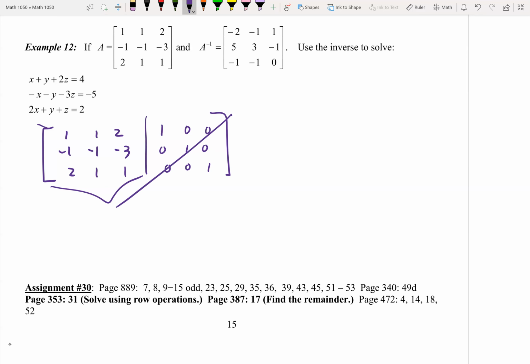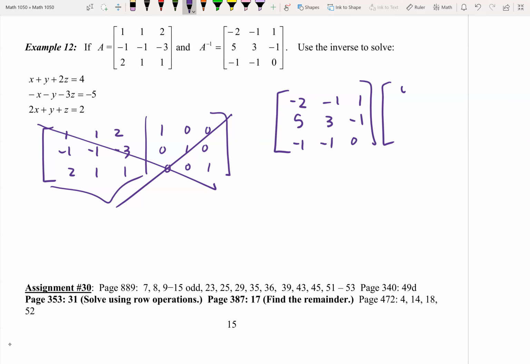So this is not necessary. All they want you to know is that you take this inverse, now write this with me, and you multiply it by matrix B, which is the right side of the equal sign, 4, negative 5, 2. This is a 3 by 3 multiplied by a 3 by 1, so your answer is going to be a 3 by 1.